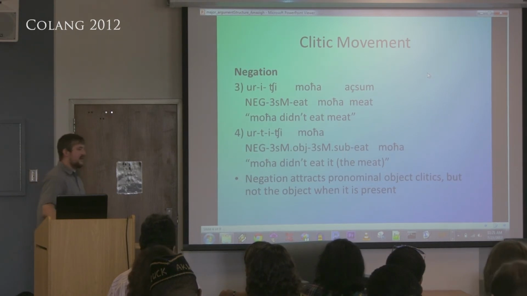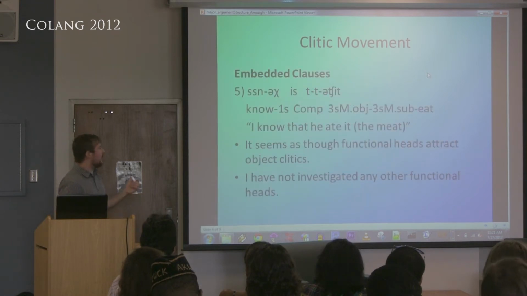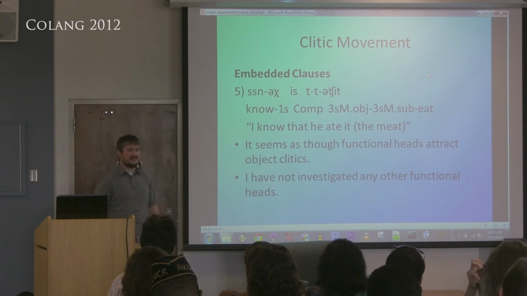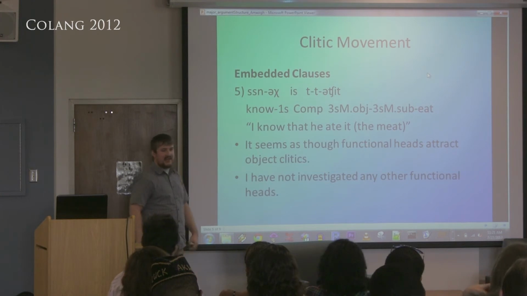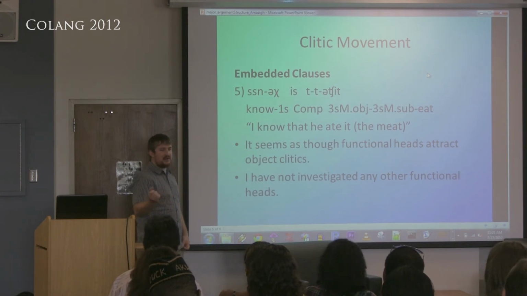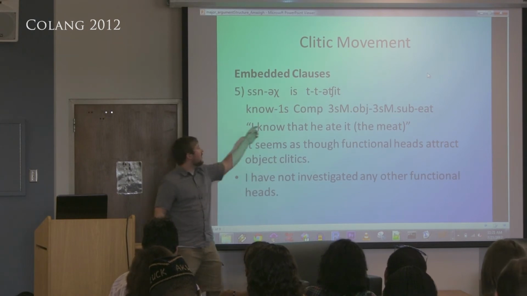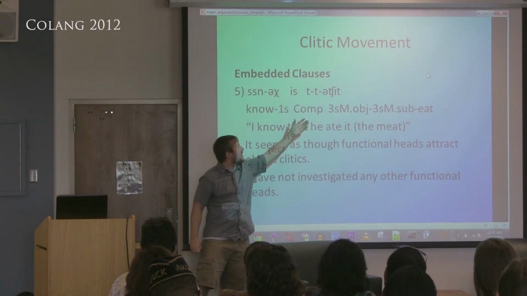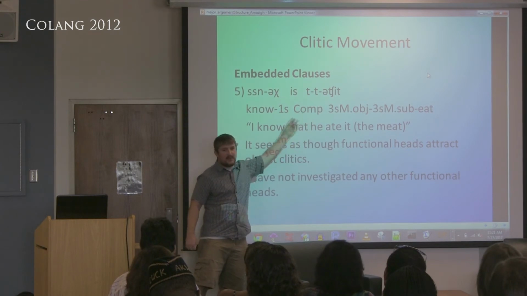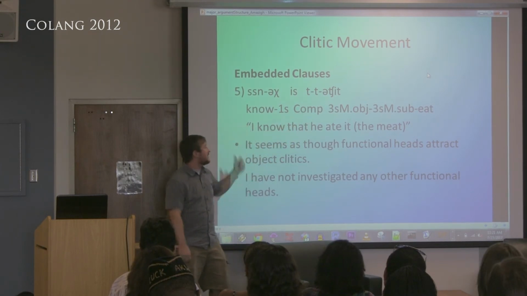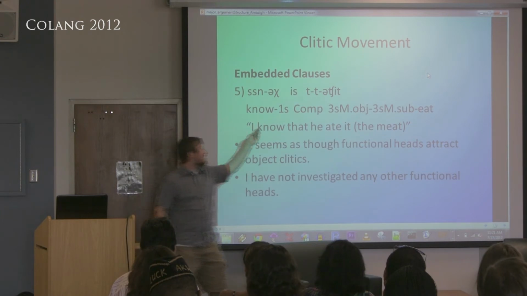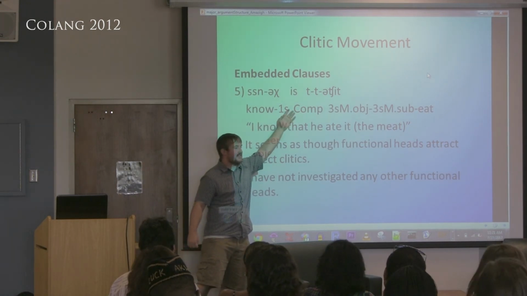Then last night, I didn't have enough data yet, so I decided to also include this slide. I can't really say a whole lot about embedded clauses, but I had a suspicion that any functional head would also drag a pronominal clitic to the front, which does actually appear to be true, because instead of being a clitic, we have a geminate ta, which I'm assuming is drawn over by this complementizer.